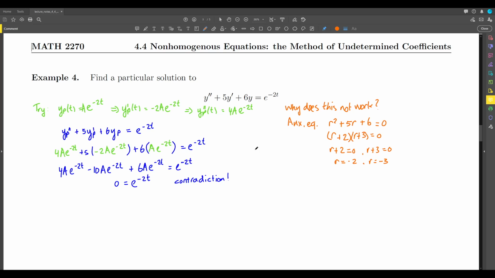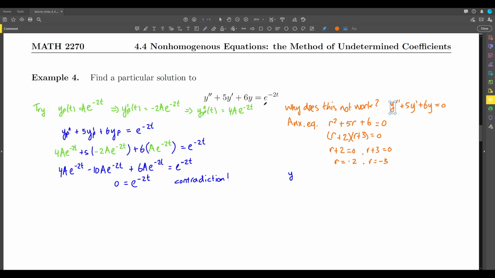And that means that the general solution, I should make this a little bit clearer, we looked at the auxiliary equation for the homogeneous differential equation, right?